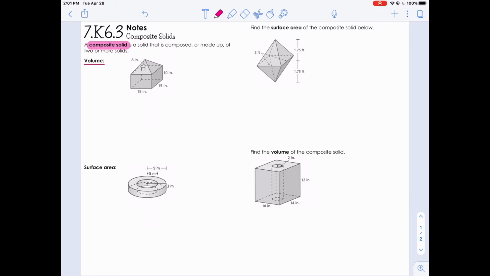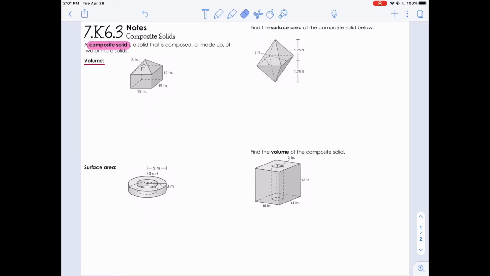Our volume example has this house-looking shape. This is one idea that we could use for our actual dream houses. So what we first need to determine is what figures or what solids this is made up of. So let's try to determine that. Very good.